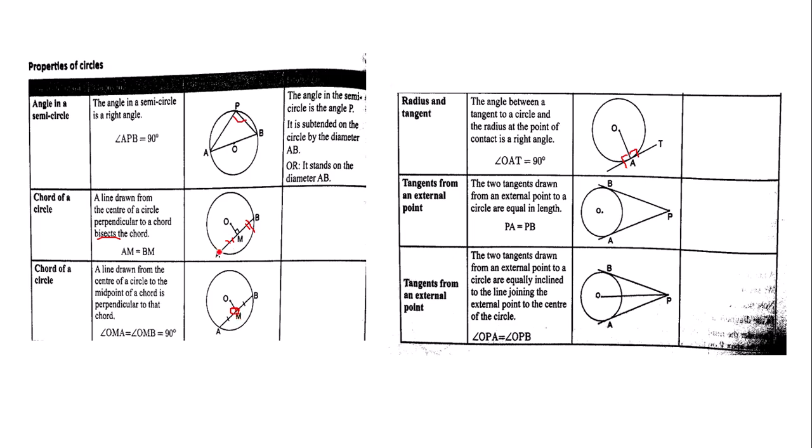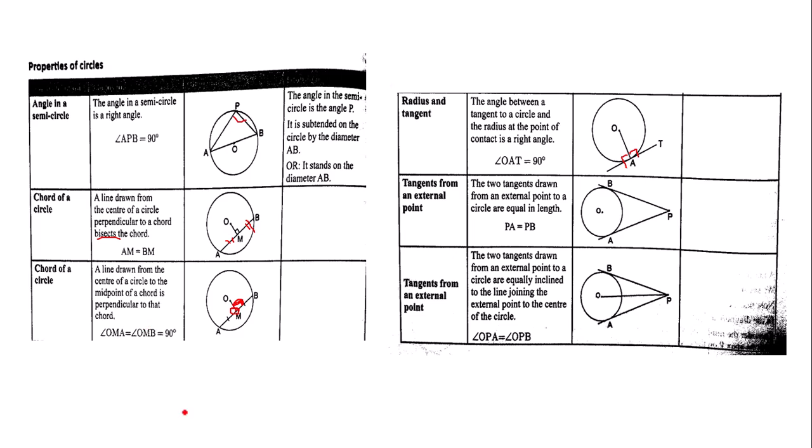Now they give us the chord AB, and they say the chord AB is divided into two equal parts by this line from the center. And so by seeing that these two lines are equal, the chord here is divided into two equal parts shown by these strokes, then we will know that the angle formed between the line from the center meeting the chord will be 90 degrees.